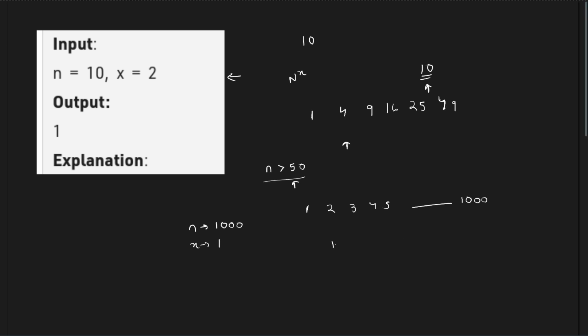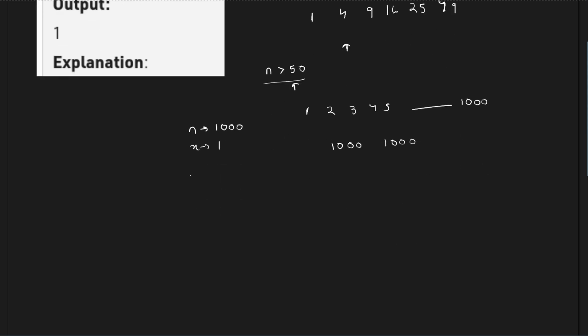Right. So there will be a total of 1000 numbers, and you have to form a sum of 1000. So a DP state will look like, in the worst case, 1000 by 1000.